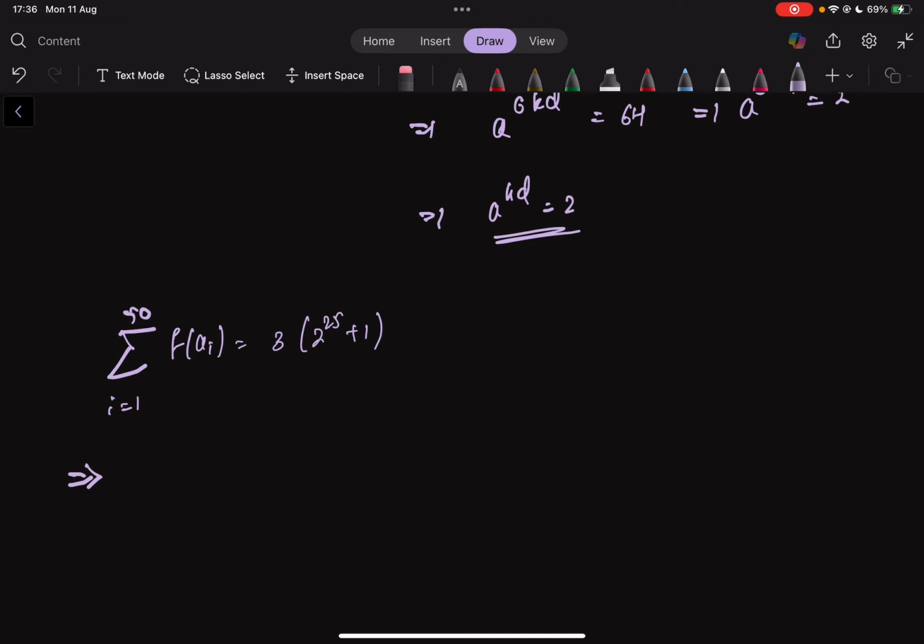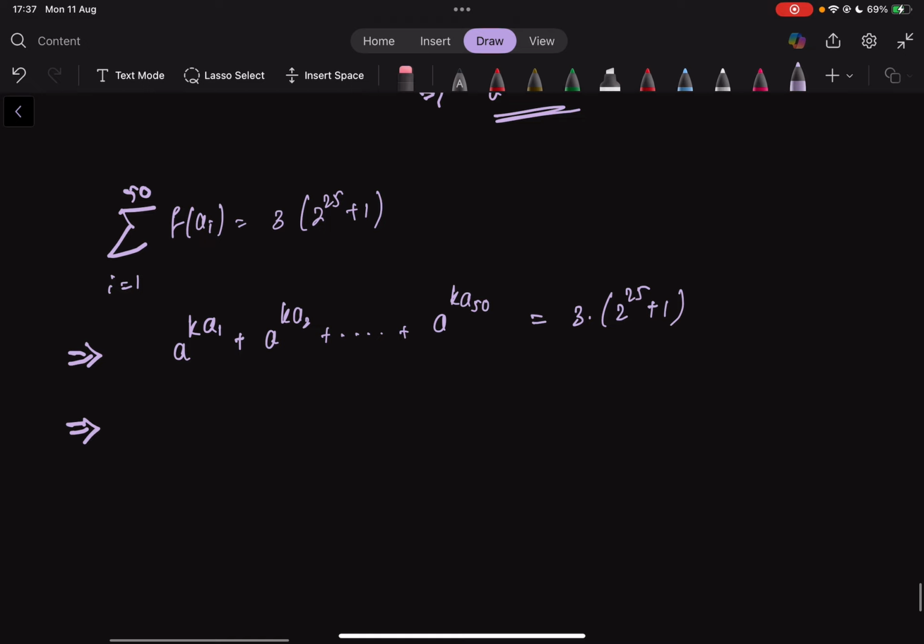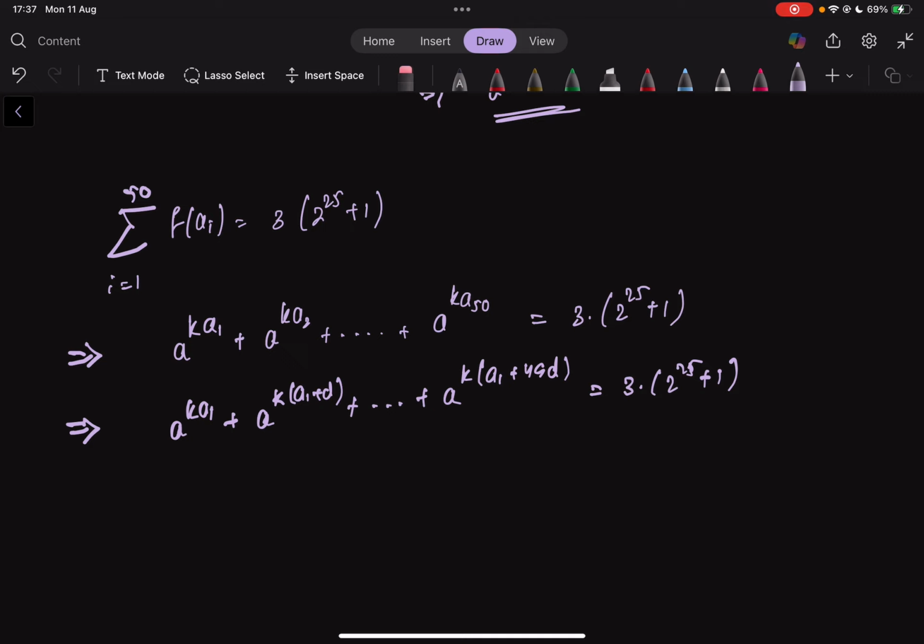So we have a to the power k a1 plus a to the power k a2 and so on up to a to the power k a50, that is a to the power k a1 plus a to the power k times a1 plus d plus and so on up to a to the power k times a1 plus 49d. So that is 3 times 2 to the power 25 plus 1.